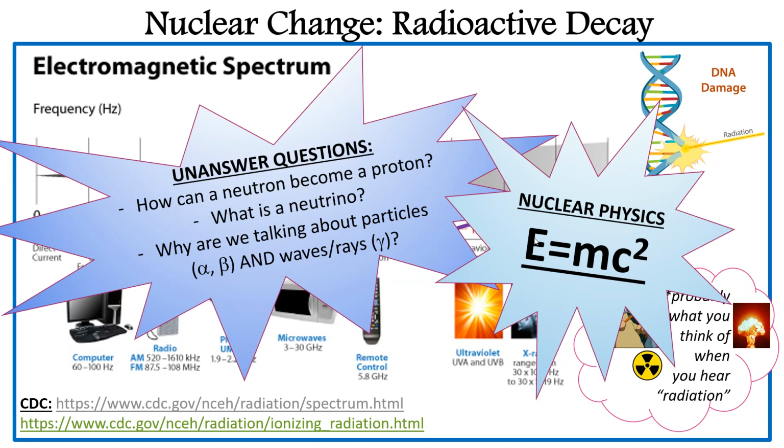Which again, is where it starts to answer these questions of how can a neutron become a proton and stuff like that. So, really great questions, just not quite what we're going to cover in our class.